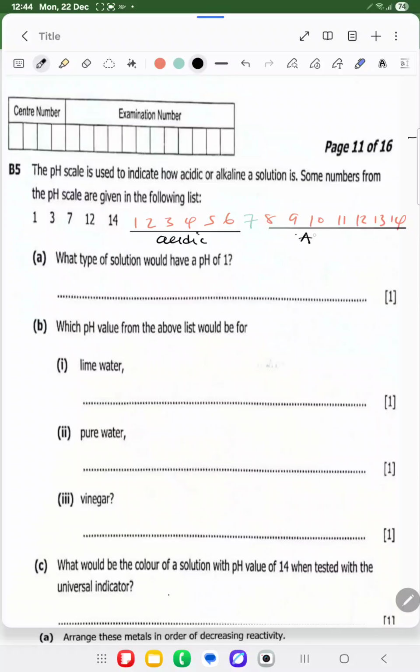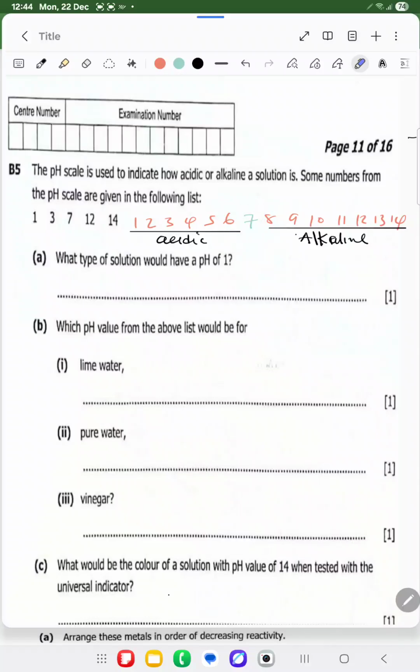So the numbers on the right-hand side represent an alkaline solution. The 7 in the middle is a solution which is neither acidic nor basic.